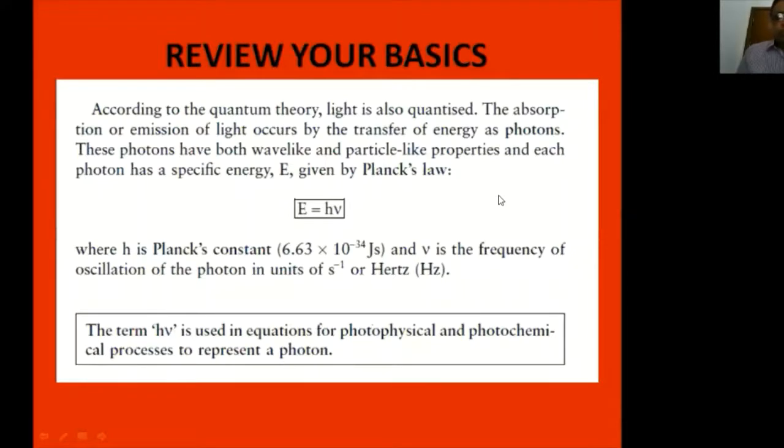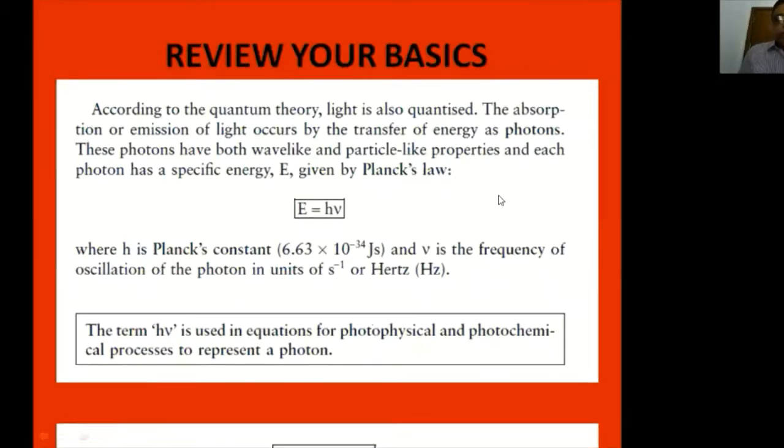The term h nu is basically represented as the photon. Most photophysicists and photochemists use it. Otherwise, in general, it is the energy of the photon. Photons are nothing but wave packets that you give to the molecule. They absorb the wave packets and go to the excited state.